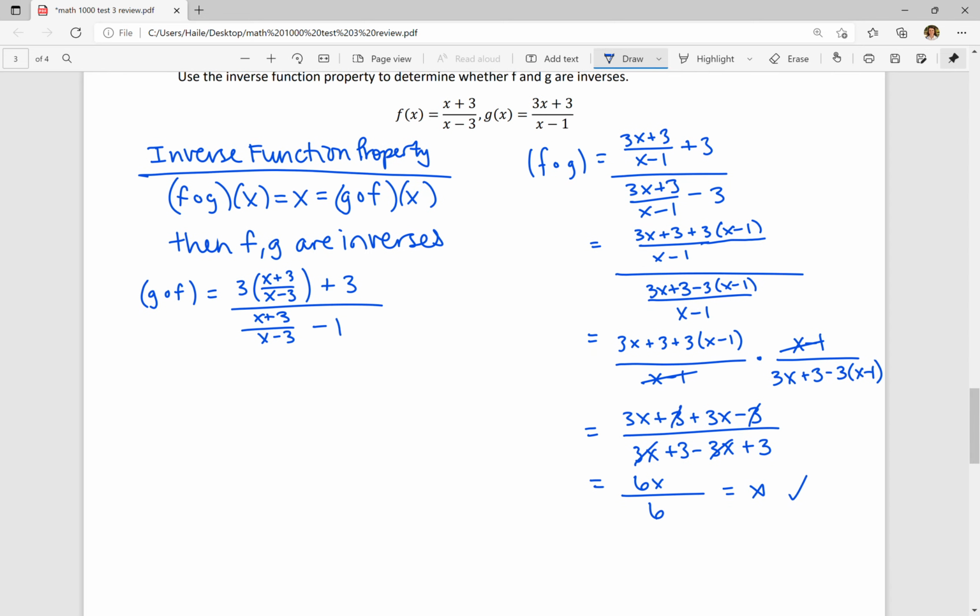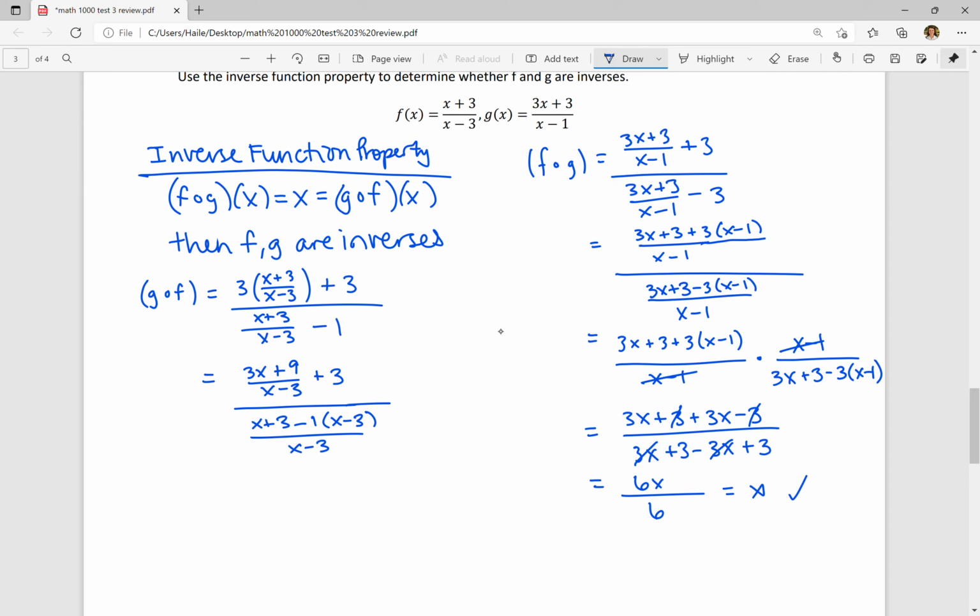Okay, so now we just have a bunch more algebra to do. First of all, let's multiply on the top. So 3 times x is going to give us 3x, 3 times 3 is going to give us 9, over x minus 3, plus 3, all over. And now let's go ahead and get a common denominator for the bottom. So we'll have x plus 3, and all of this can be over x minus 3, and we'll have to multiply the negative 1 by x minus 3.